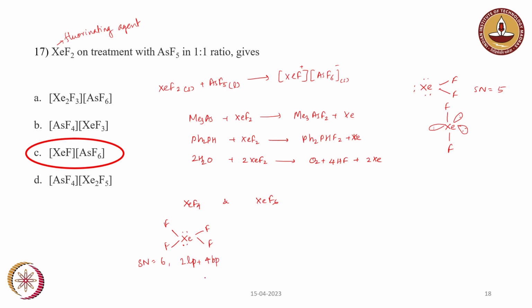If only 6 bond pairs are present, it will be octahedral. But here 2 lone pairs are also present. So the 2 lone pairs will be placed on axial positions. So the structure will be square planar.